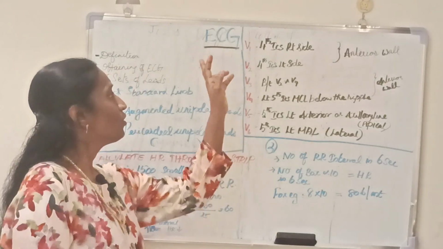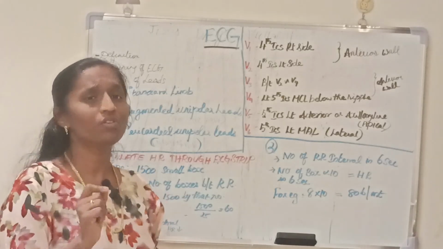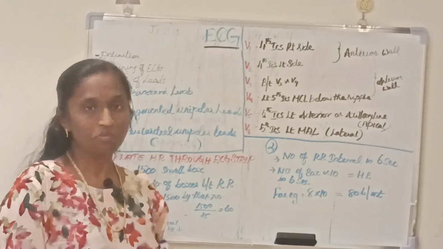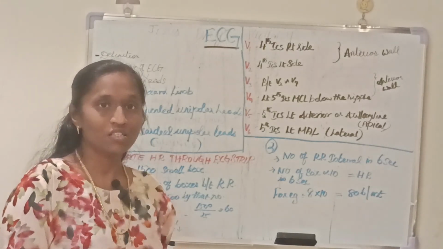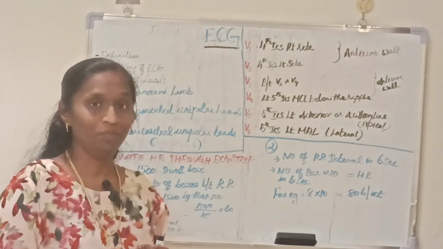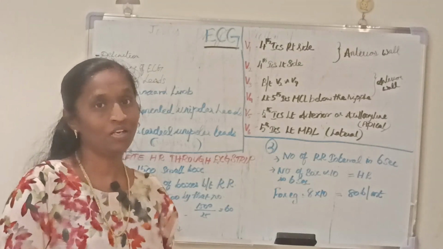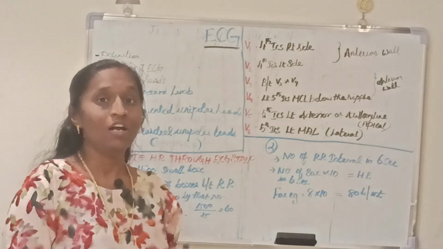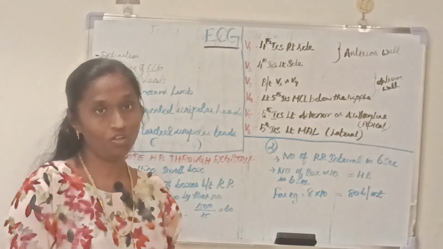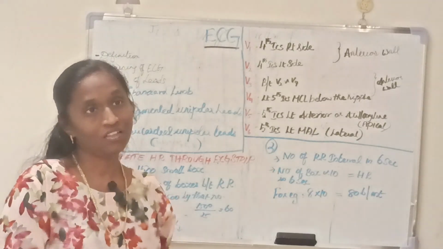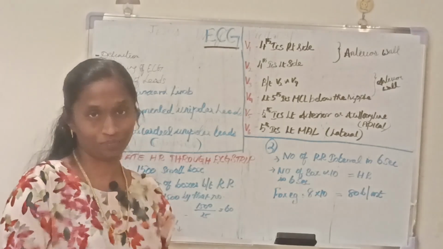Okay, so ECG means electrocardiography, which means the electrical impulses of the heart, represented as a graphical representation on paper. Electrodes are placed on the skin of a person on the chest wall, which represent the electrical signal or electrical impulses of the heart.